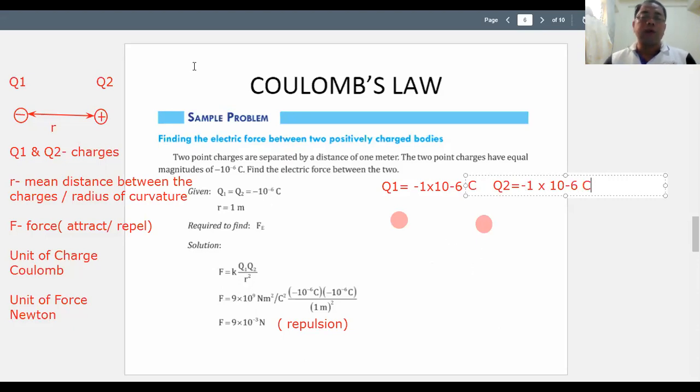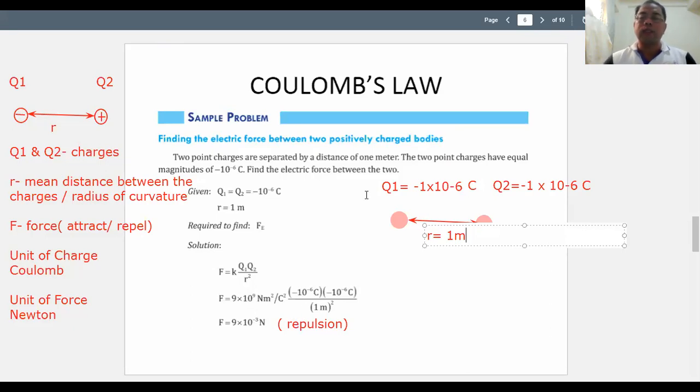Now, the distance between them, R, is 1 meter. So if you substitute this value, this is what we end up with.